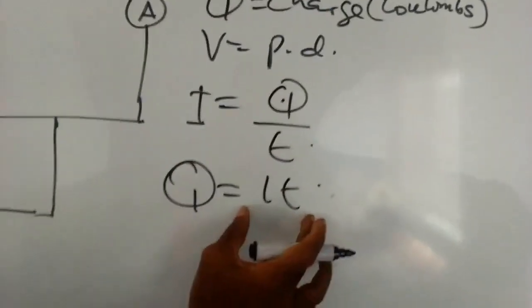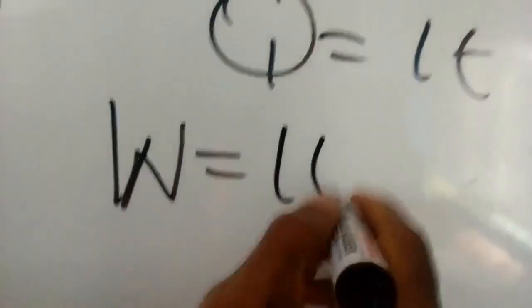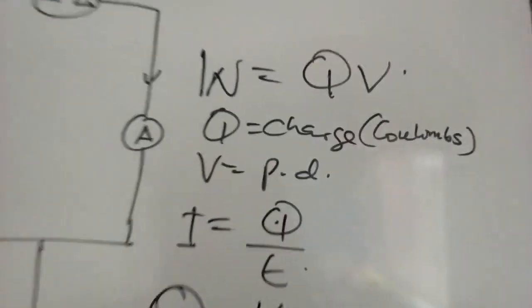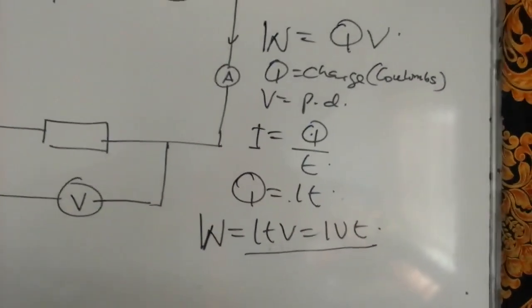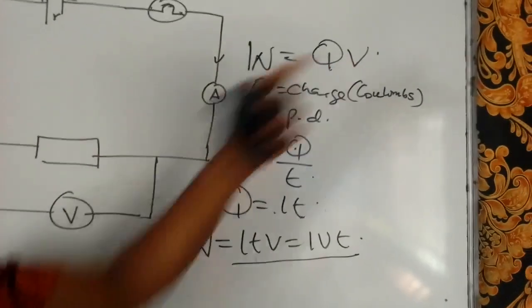Substituting Q with IT, work equals ITV, or IVT as you may write it. So the work done in a circuit is given by IVT or QV.